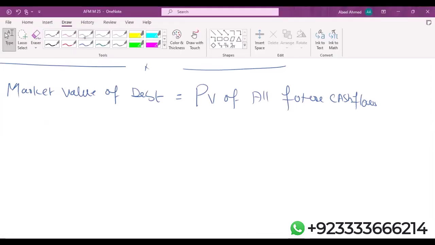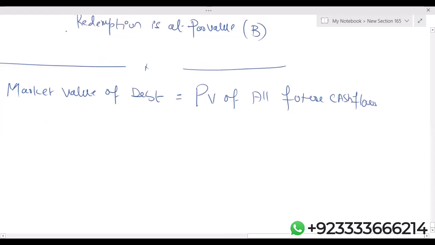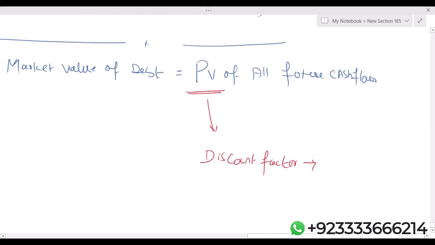So number 1 is, when we say present value, we need a discount factor for calculating present value. The discount factor will be cost of debt.